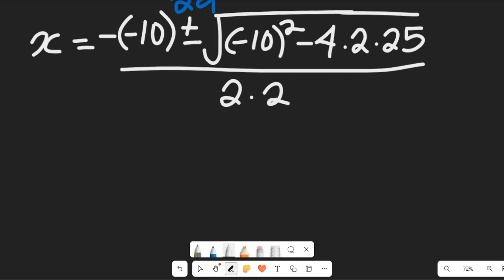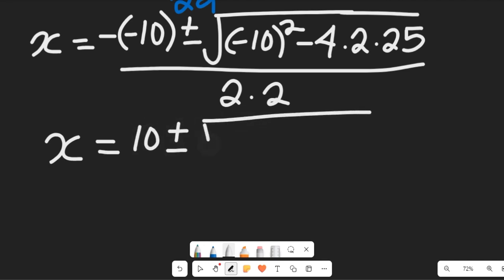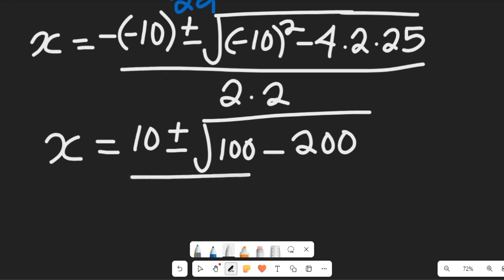If we simplify this, we'll have x equal to negative multiplied by negative, which gives 10, plus or minus the square root of negative 10 squared, which is 100, minus 4 times 2, which is 8, and 8 times 25 is 200, all divided by 4.